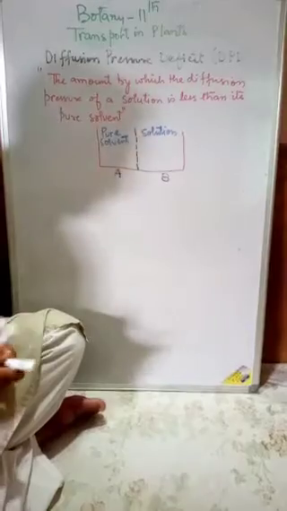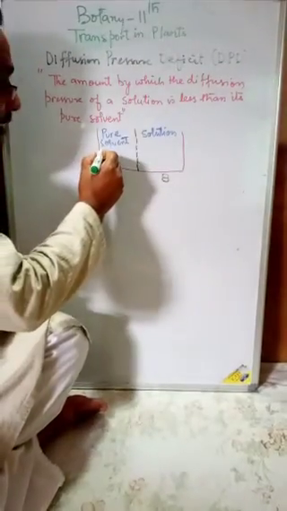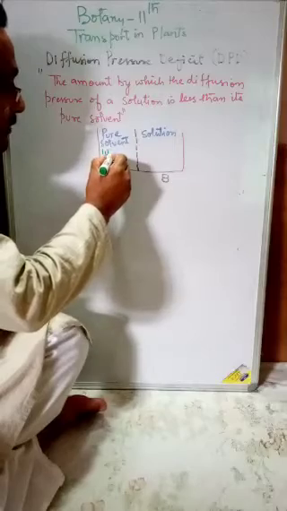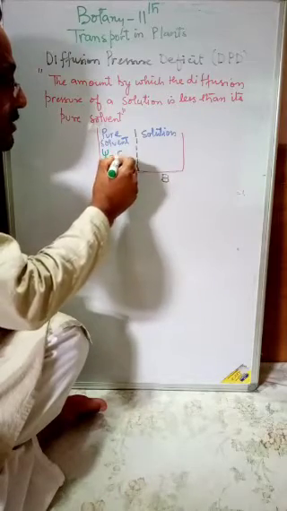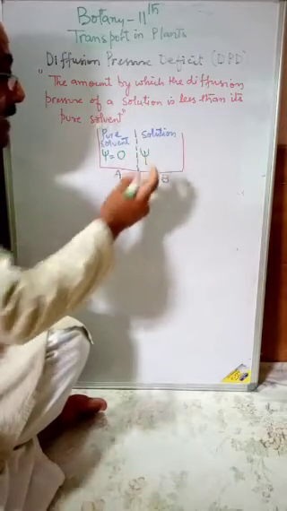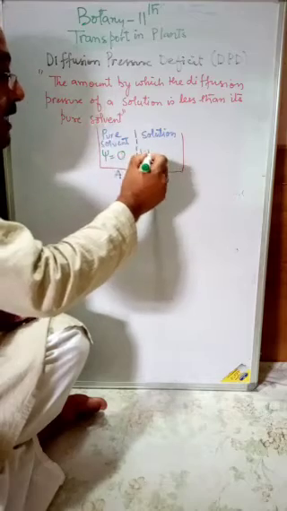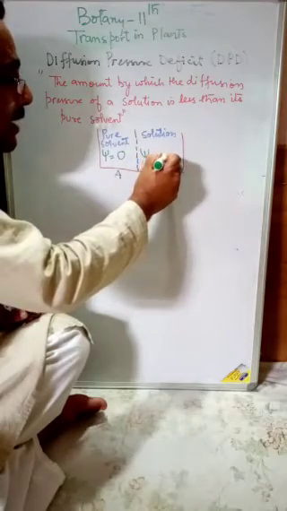Now, pure solvent, let it mean water, so its water potential will be maximum, that is 0. And in the solution, it is solute plus solvent, its water potential is less than 0, let it be -2.